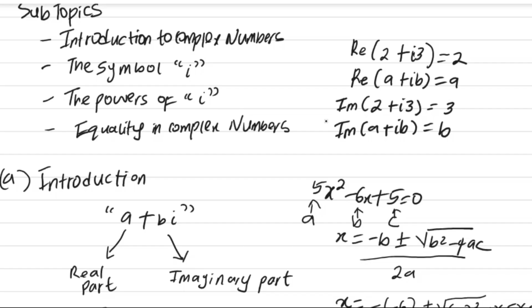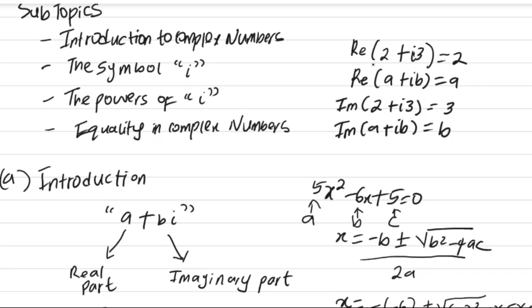Before we dive into the equality in complex numbers, we must understand the basic arithmetic operations that connect complex numbers with each other. The same way we can add, subtract, multiply, and divide real numbers, we can also do that with complex numbers.